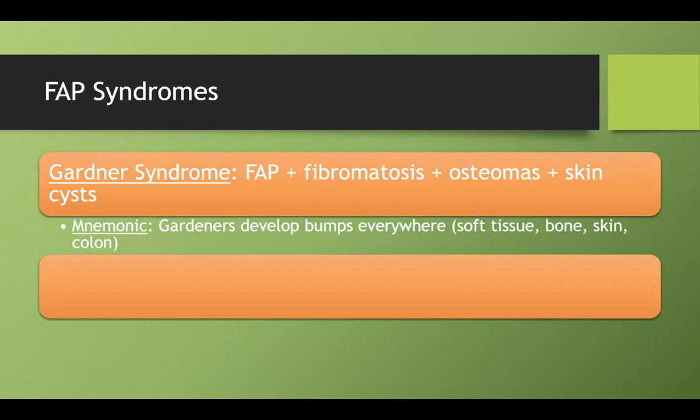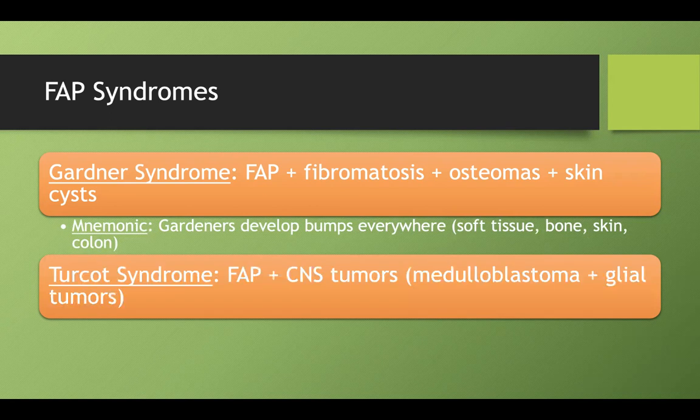You get bumps everywhere: polyps, skin tissue cysts, bone growths. The other FAP syndrome they sometimes test is Turcot syndrome, which is FAP plus CNS tumors. I remember Turcot by thinking of a turban, to remind me that it's some sort of head pathology associated with FAP.